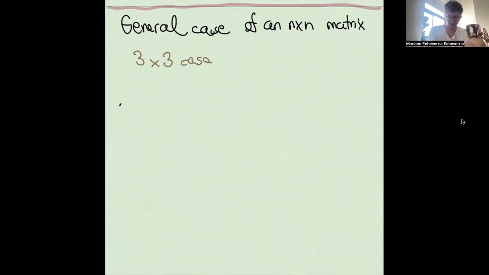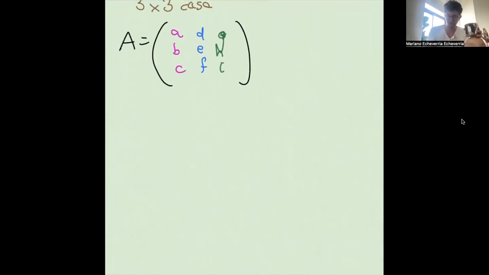You have a matrix A, which you could write as A, B, C, D, E, F, G, H, I. And so that means that there are 3 vectors in this picture.